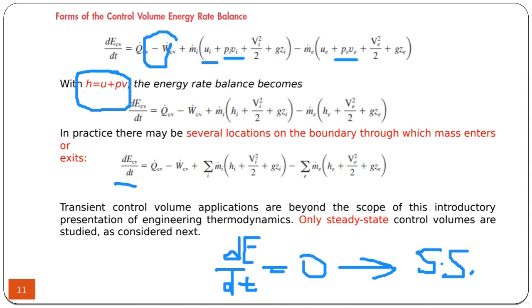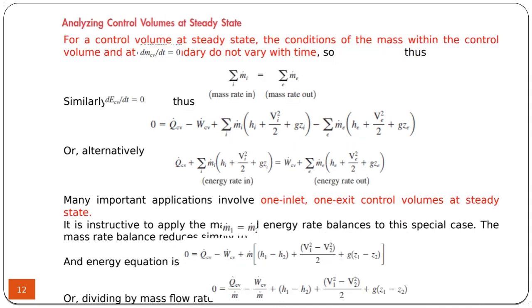If we are given a steady state situation, the left-hand side of the equation is 0. So what happens if the left-hand side is 0? Then we can write the equation as 0 equals net Q per unit time in and out of the control volume, net W per unit time in and out of the control volume, net flow of energy into the control volume as enthalpy, kinetic energy, potential energy, and the net flow out of the control volume as enthalpy, kinetic, and potential energies.